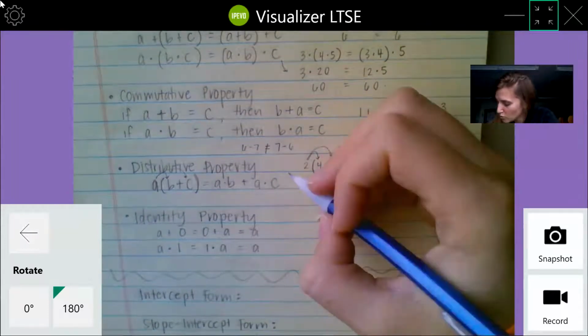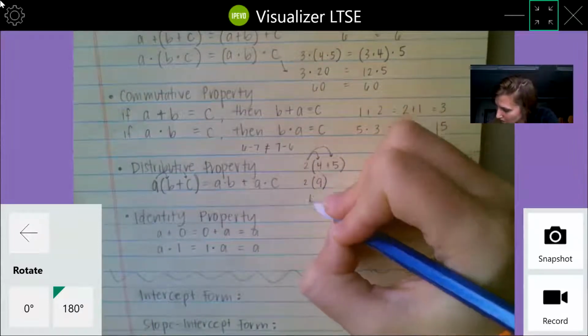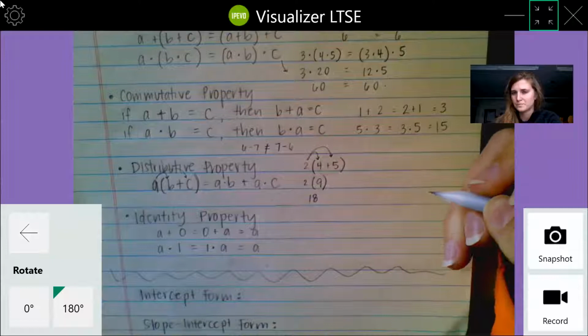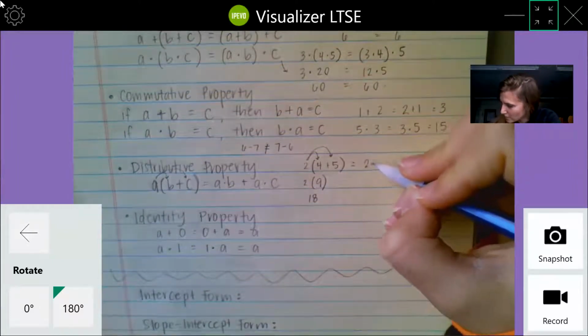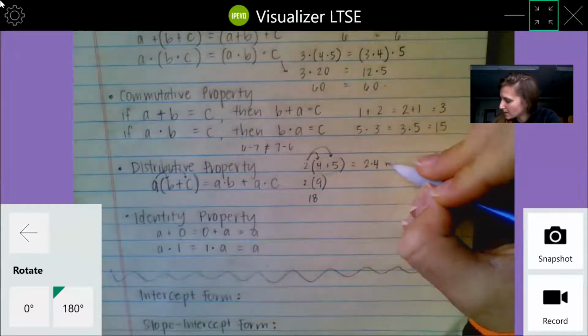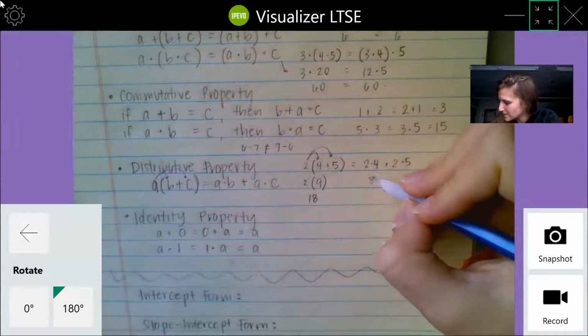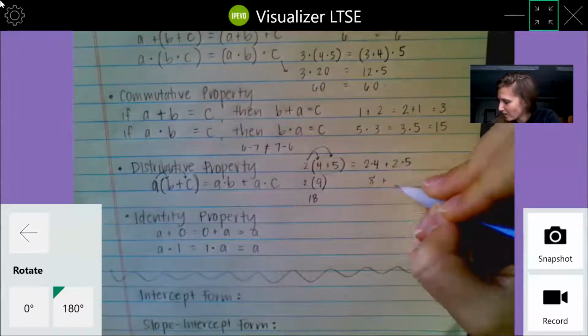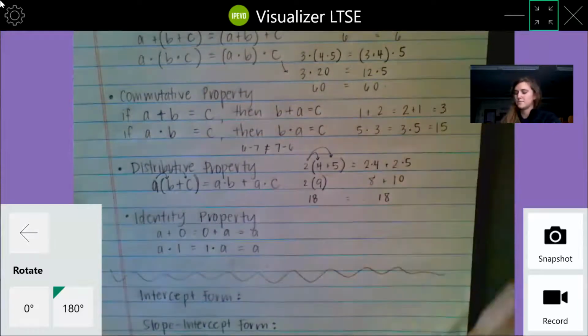So we would have 2 times whatever's in the parentheses, which is 9. So that equals 18. But then by distribution, I also would get 2 times 4 plus 2 times 5. Well, 2 times 4 is 8, and 2 times 5 is 10, which is also 18.